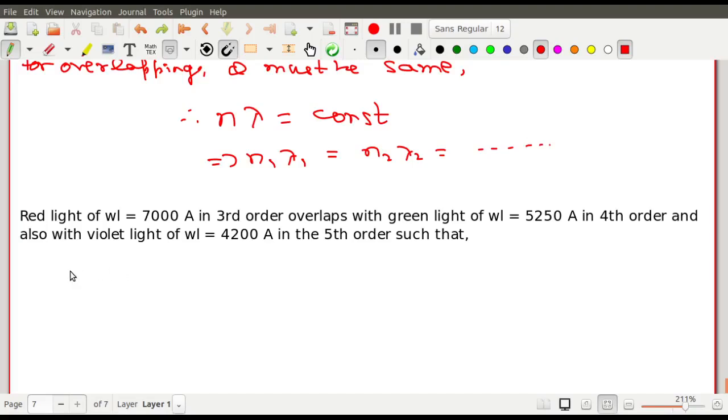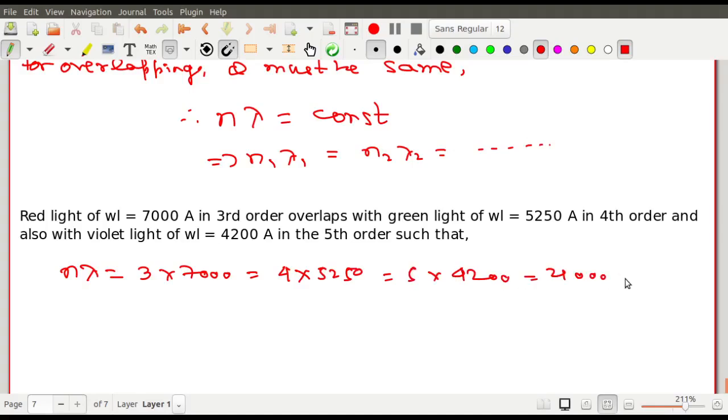I should write n lambda equals 3 into 7000. Now 4 into 5250, order is increasing, wavelength is decreasing, equals 5 into 4200 equals 21000, equal to a constant, right? All the products are 21,000, that means it is a constant.